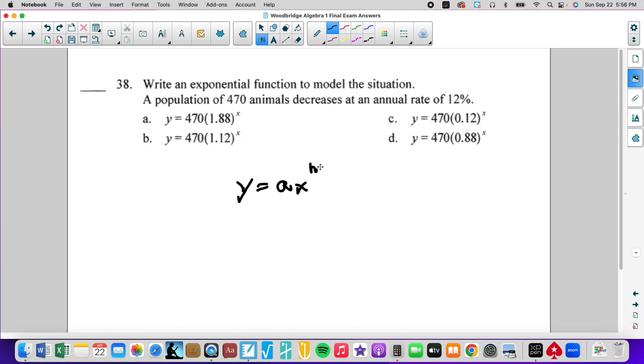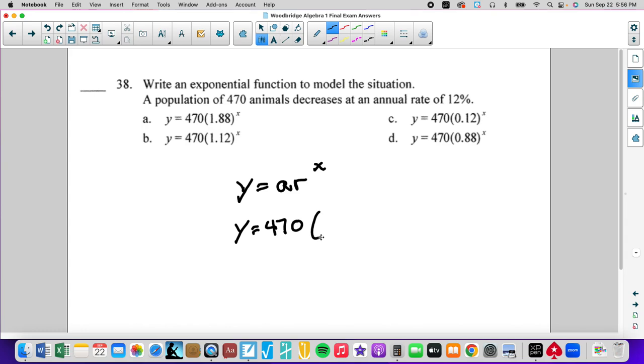Or maybe it's a times r to the x, because that's my rate. So a is my starting value, 470.